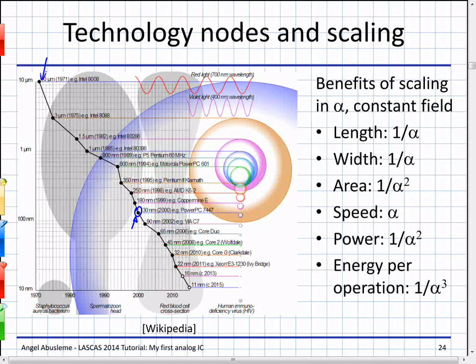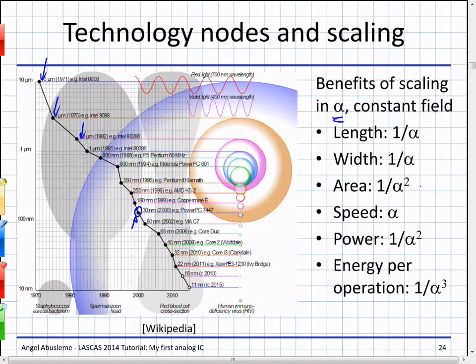So each one of these points shows a technology node. And this axis here shows the year. And we see how this has been moving really fast. Every time we move from one node to another, we scale the dimension by alpha. So alpha is the dimension scaling. Every time we scale by alpha, the length changes to 1 over alpha, right? The channel width changes by 1 over alpha.